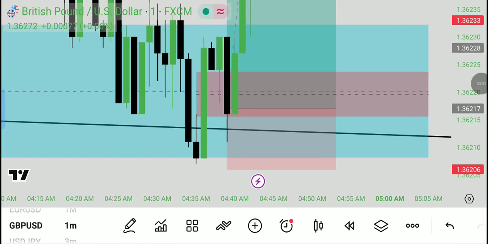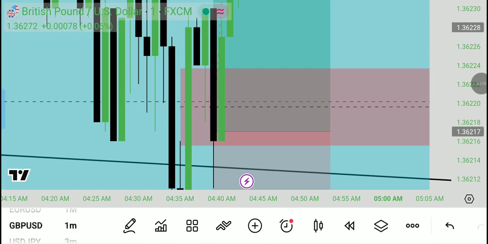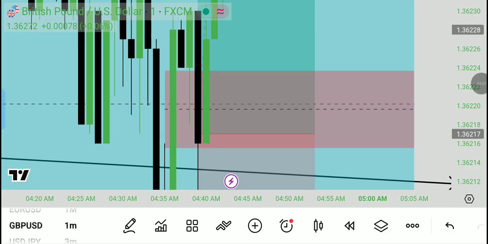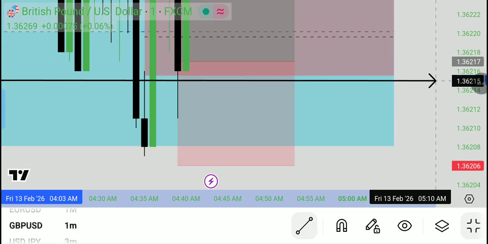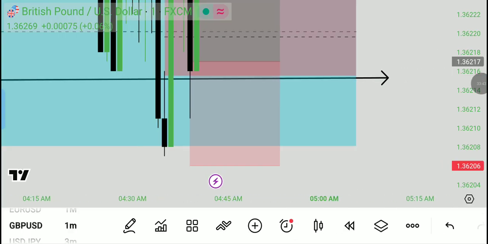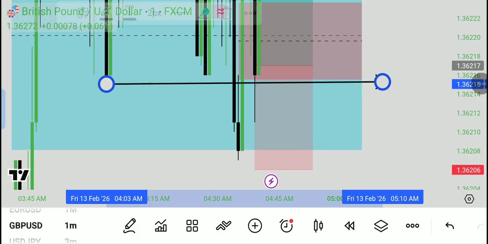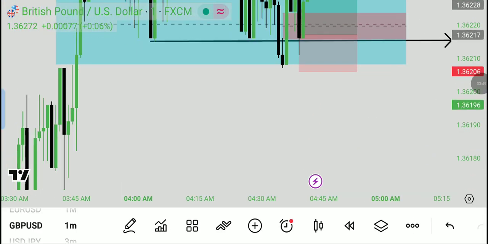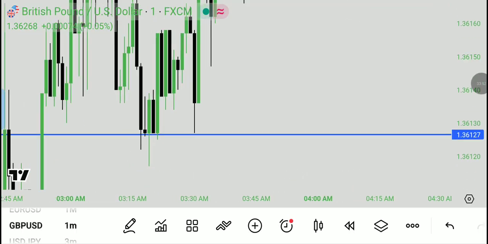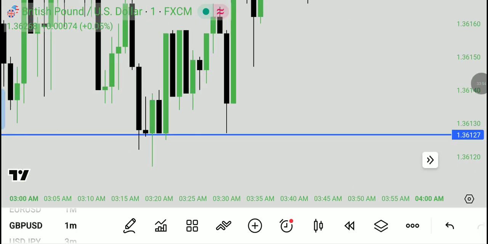You can see how the bodies of these candles respected it. No one moved above it, and the formation was formed, and this sell-side liquidity is the main thing for you here. And the partial liquidity at the opening price was also taken.